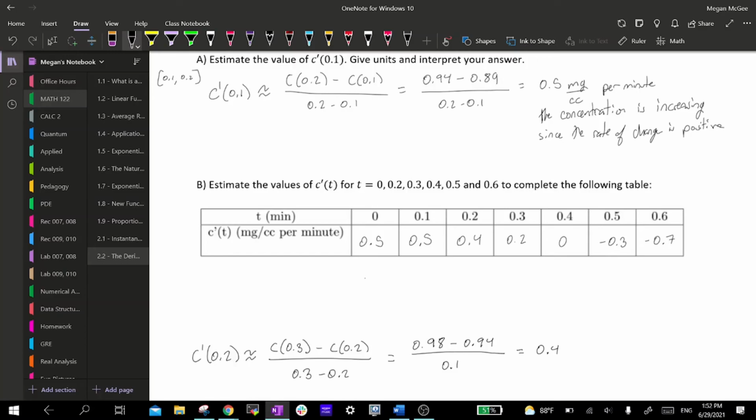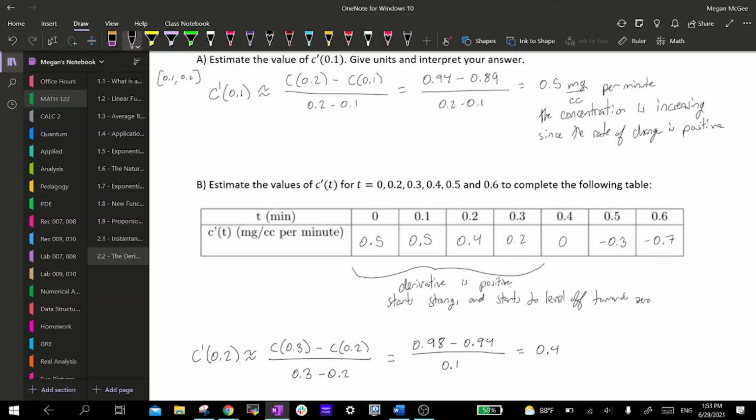From time t equal to 0 right up until t equal to 4, our derivative is positive. Okay, and we notice that it starts out large and it starts decreasing towards 0, right? So it starts strong and starts to level off towards 0.